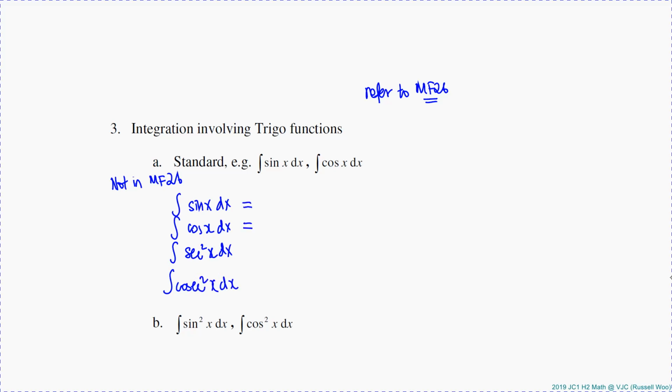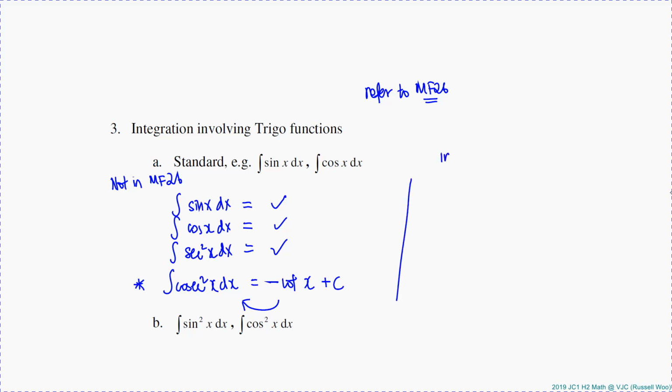Now the first 3, I leave it to you to know. I don't want to say because it's quite standard. I think this is secondary school stuff. The only thing that is a bit tricky is this one, cosecant square. You need to remember that it's actually negative cotangent. Why? Because again, you differentiate this, you will get it. It's standard.